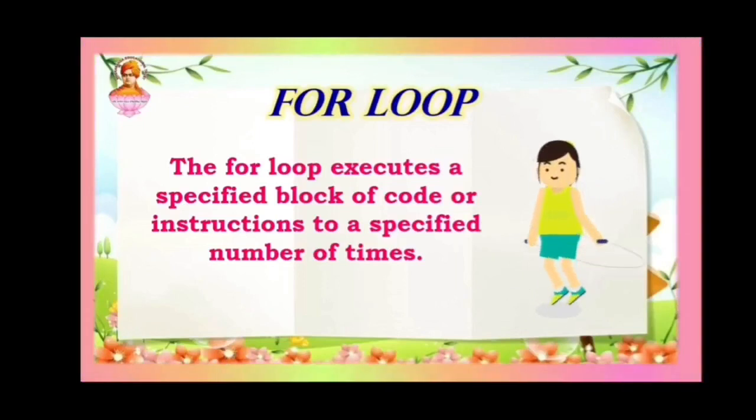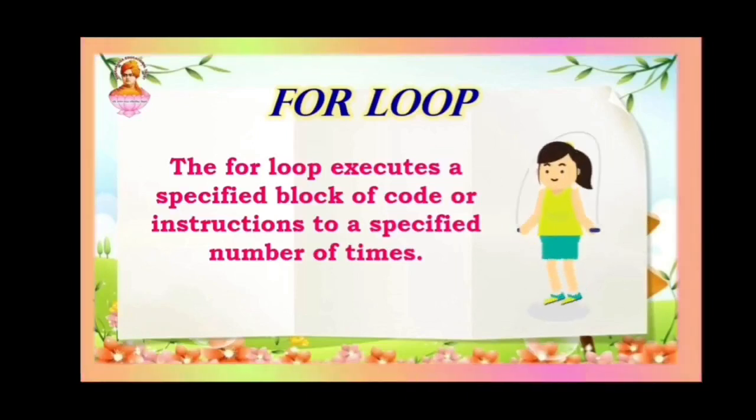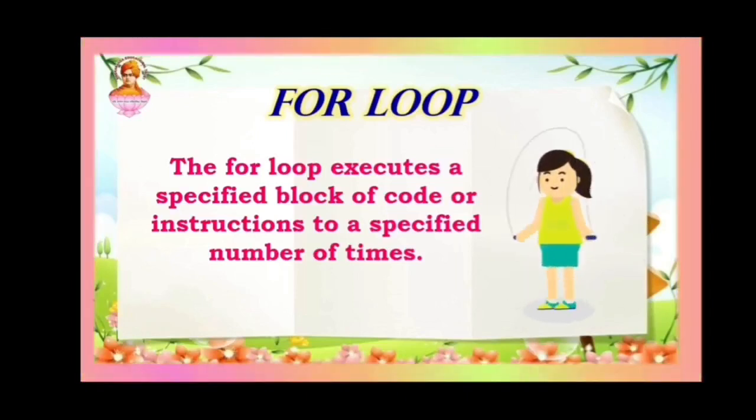For example, if a girl has been instructed to skip 20 times, then automatically when she reaches 20, she will stop skipping. Am I right? This is the basic concept that lies under the for loop.